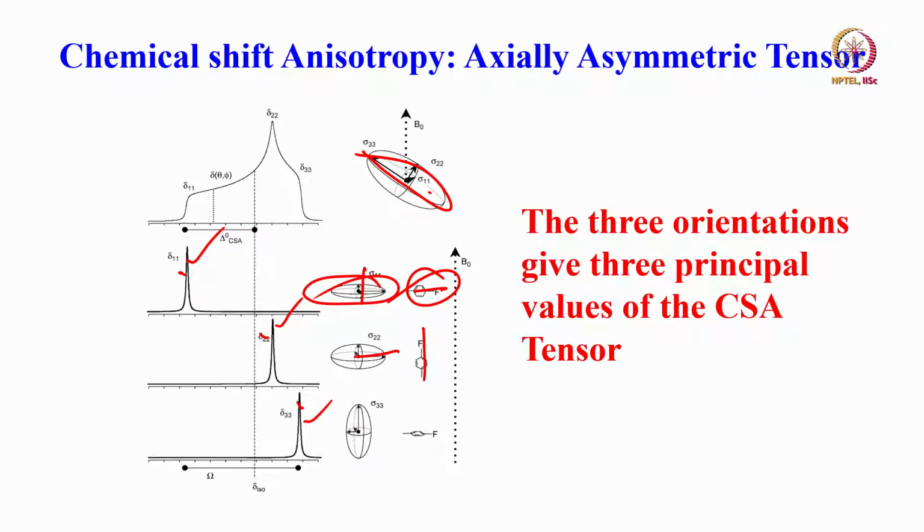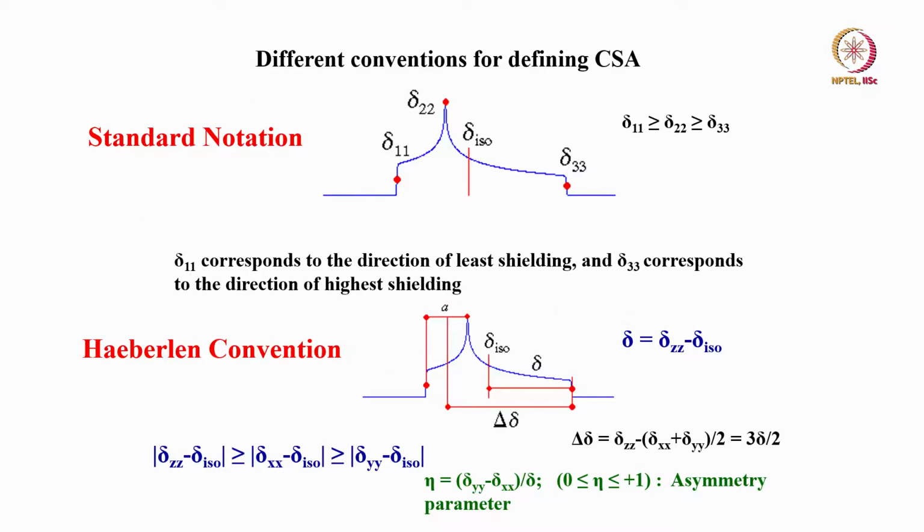As I said in the previous case, all possible orientations are present and overlapped, and it gives a powder pattern like this. This is the powder pattern for an axially asymmetric tensor.